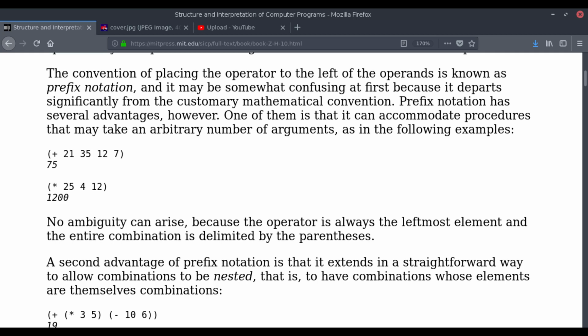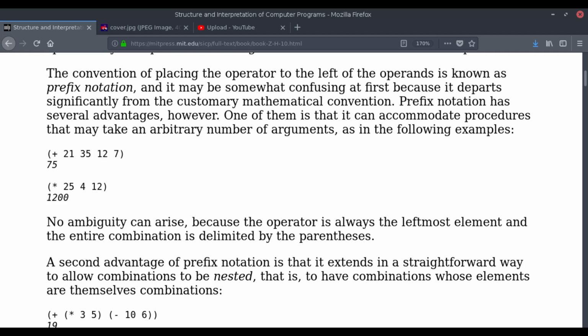Prefix notation has several advantages, however. One of them is that it can accommodate procedures that may take an arbitrary number of arguments. As in the following examples, the addition of 21, 35, 12 and 7 is 75. Multiplication of 25, 4 and 12 is 1200.